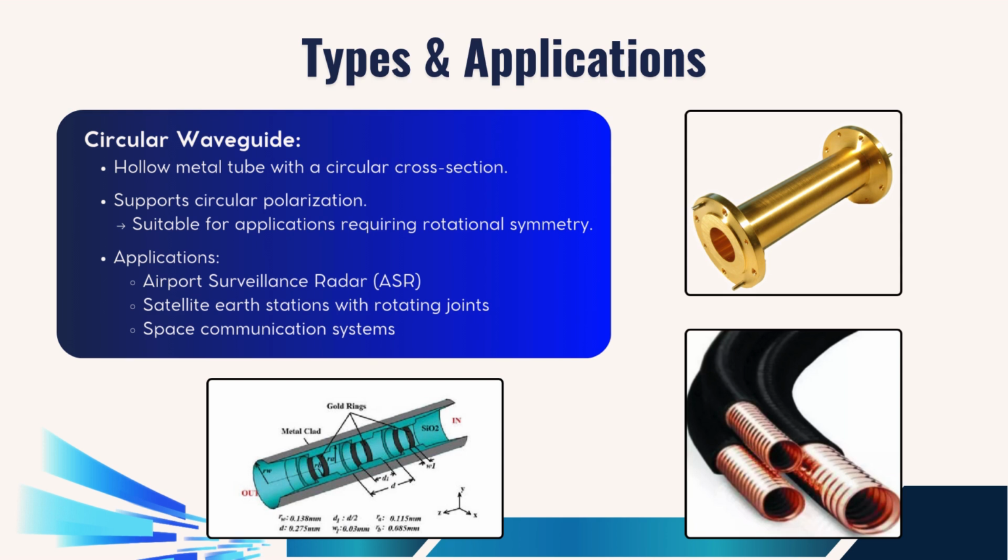This makes it useful for applications where there are moving parts and which require the EM waves to maintain the same polarization. Some examples include airport surveillance radar (ASR), satellite earth stations with rotating joints, as well as space communication systems, where a satellite may be moving around the earth and a radar would have to track it.